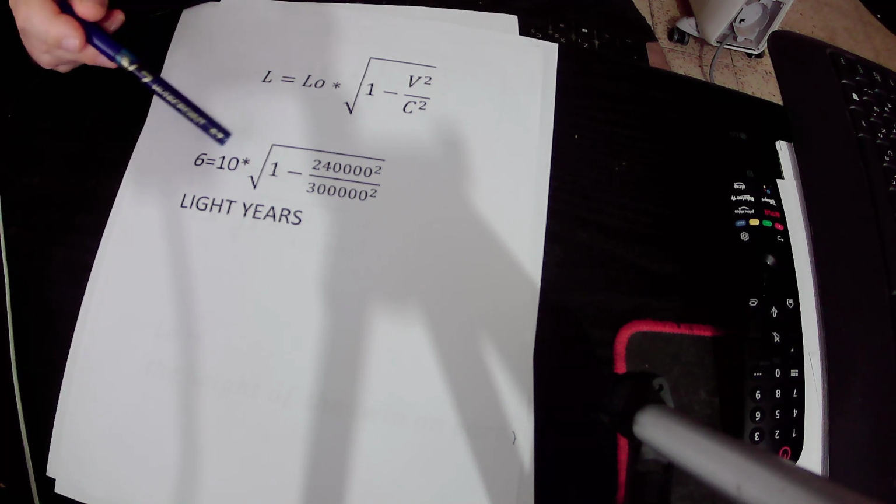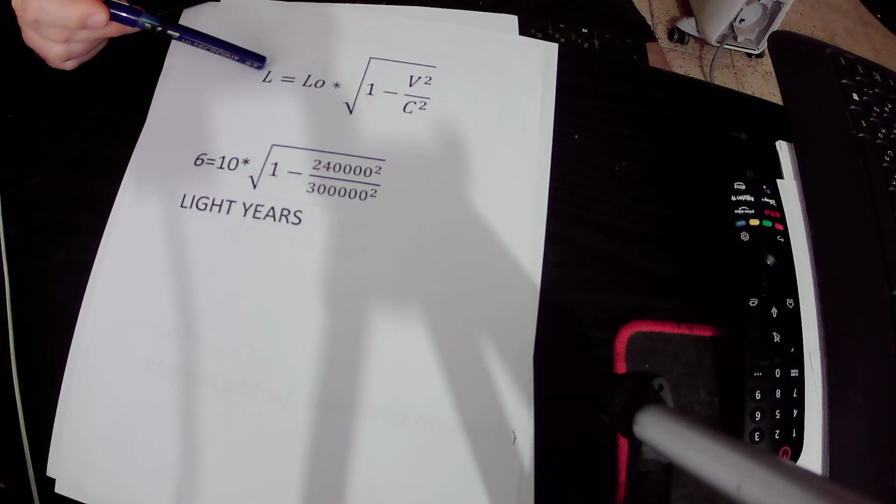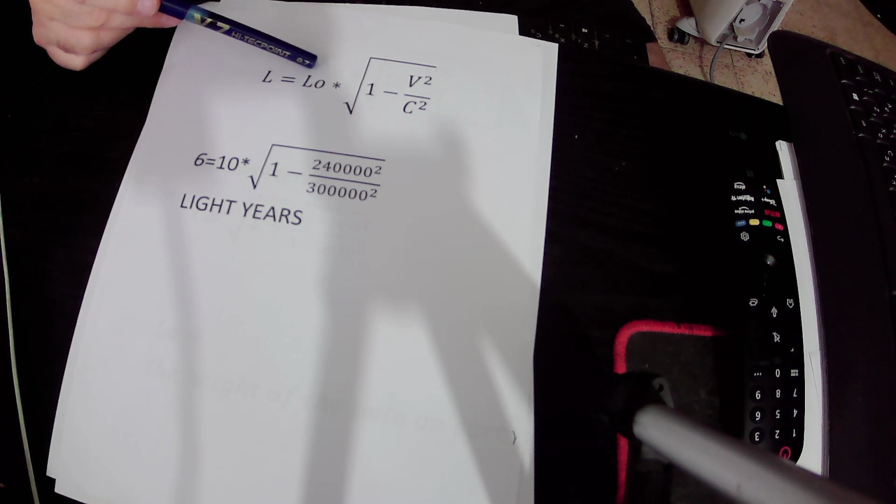So L is the distance from the object that is moving at very high speed to the other object, for example the star Epsilon, and L naught actually is the distance that you measure from Earth to the object.